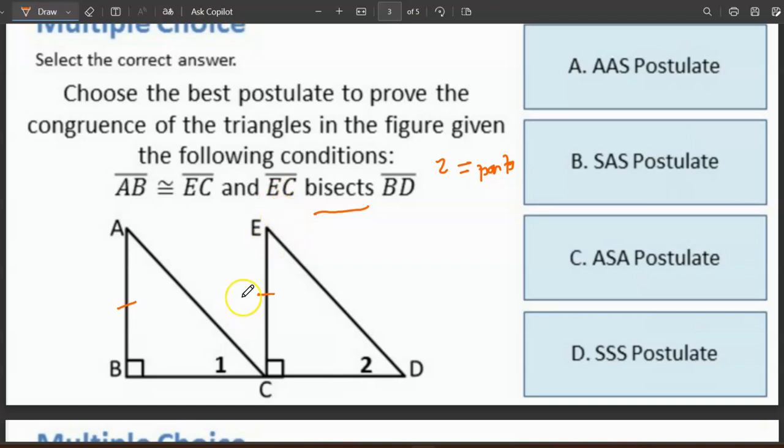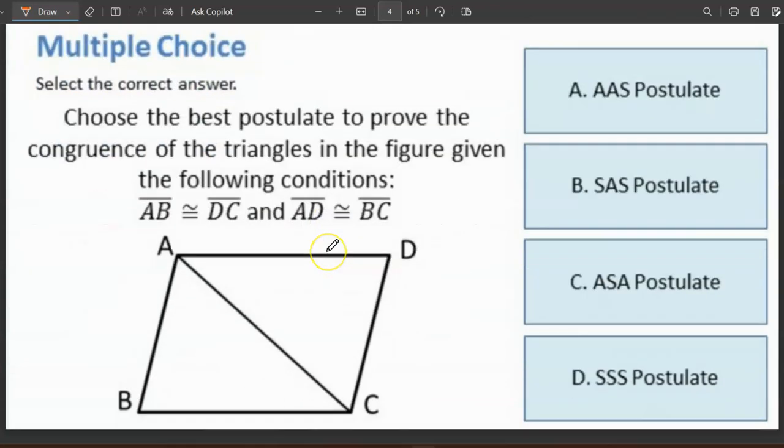So meaning to say this and this are congruent. And again, right angles are congruent. So we have S, A, S. So what letter is that? That is letter B for item 3.